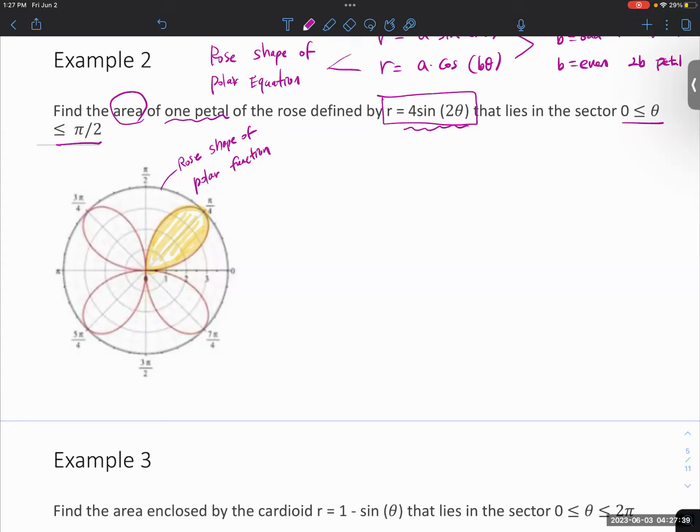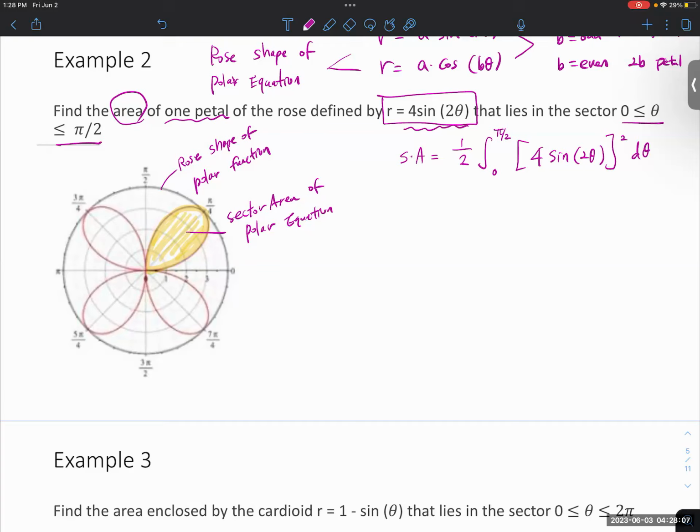We know how to find this. This is exactly the sector area of the polar equation, one petal. Therefore, the sector area is 1 over 2, from 0 to pi over 2, and then we square that polar equation and take the integral with respect to theta.